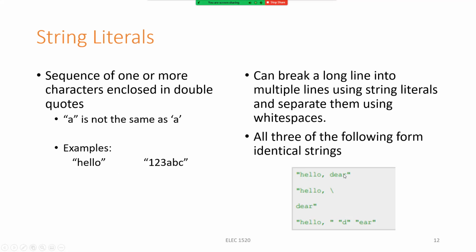But if you wanted to end up with the same effect using multiple lines, you start with the double quotes, say hello, comma, space, and you can put the backslash anywhere. In this case, you put a backslash, and that backslash says to the compiler, this string will be continued on another line. You can even skip a blank line, as was done here, and then go ahead and finish up your string later.